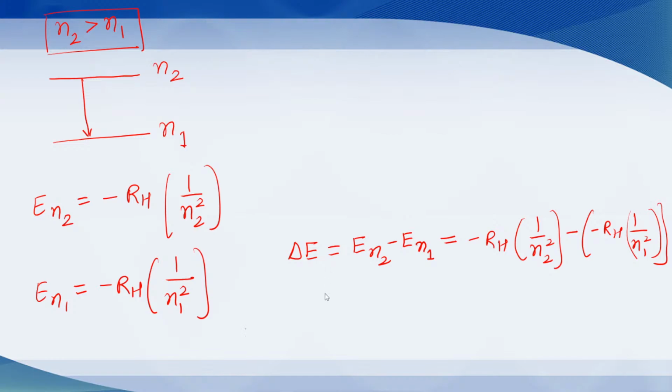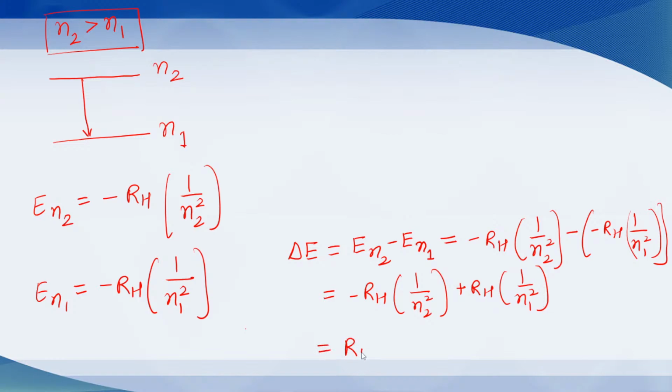So it becomes minus RH 1 upon n2 square plus RH 1 upon n1 square.